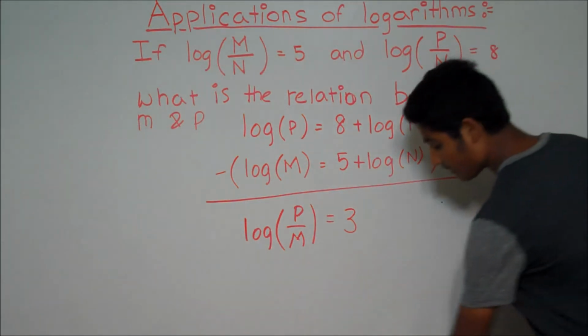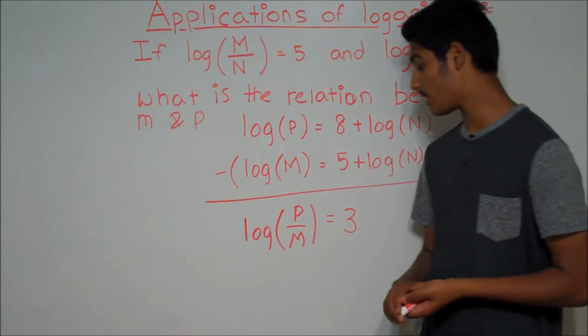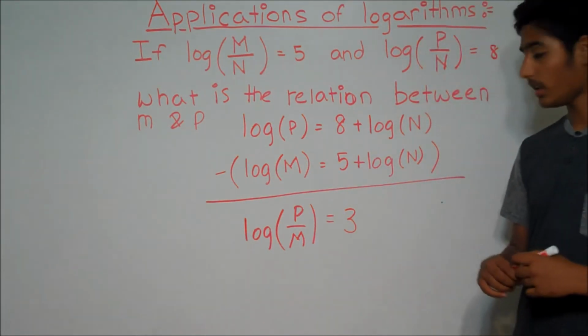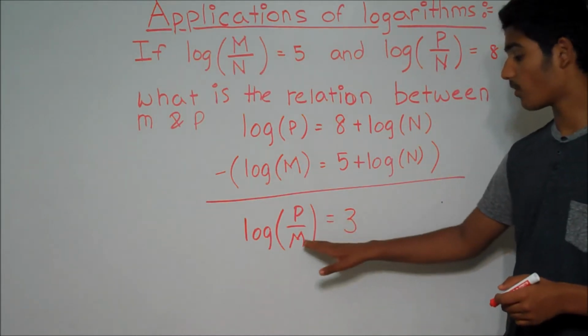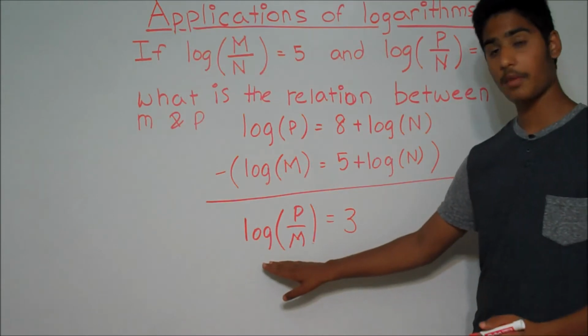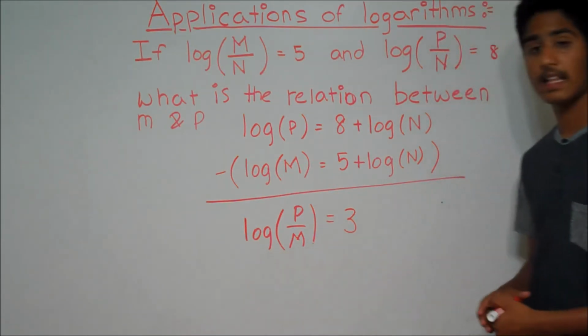So now we have to find the relation between m and p, not log of m and log of p. So what we have to do is get p over m by itself. We know that this is a common log, because if it doesn't have a value down here, that means the base is 10.